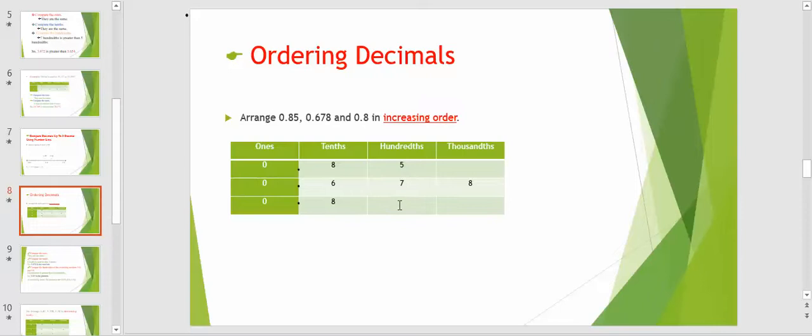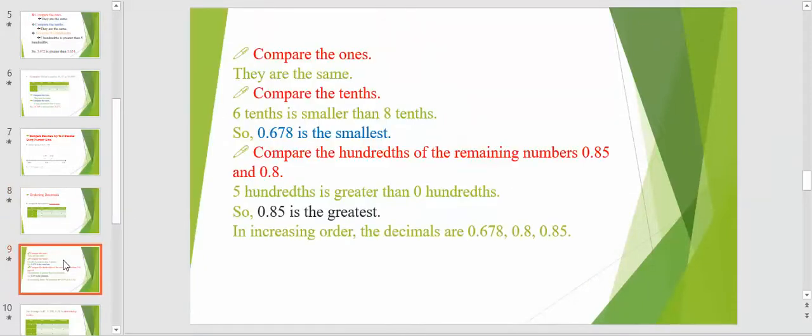Nothing here means 0. So the greatest number is 0.85. So the middle number is 0.8. So in increasing order, we get 0.678, then 0.8, then 0.85. This is from the smallest to the greatest.